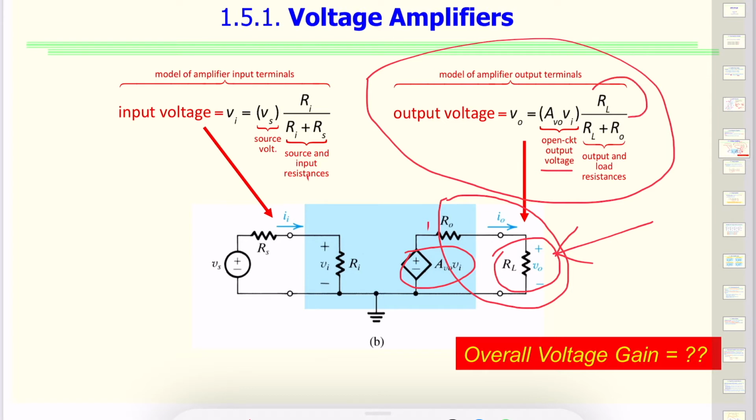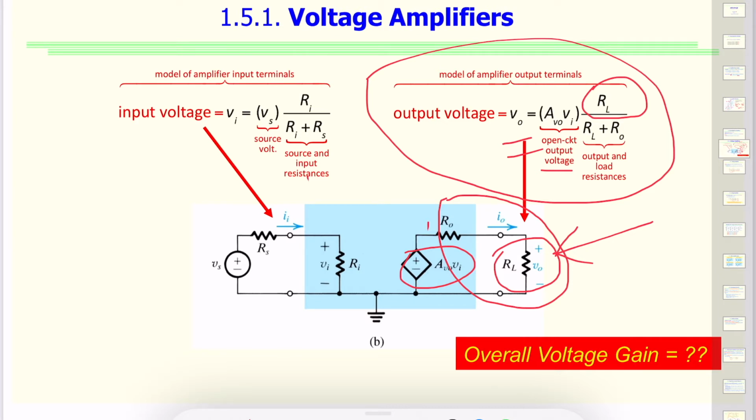That would mean that most of the voltage would then appear across the load and not get wasted inside the amplifier itself. So for a given load resistance, we design it in a way that R0, our output resistance, is much smaller than the load resistance, right?